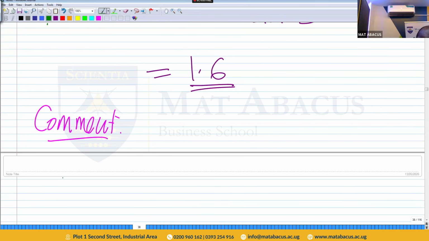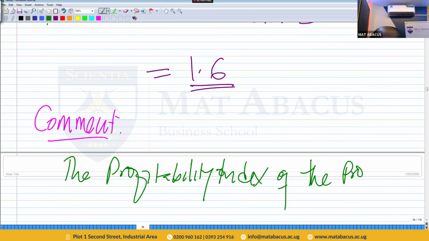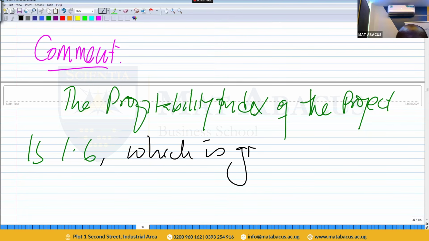You should be able to say the profitability index of the project is 1.6, which is greater than 1.